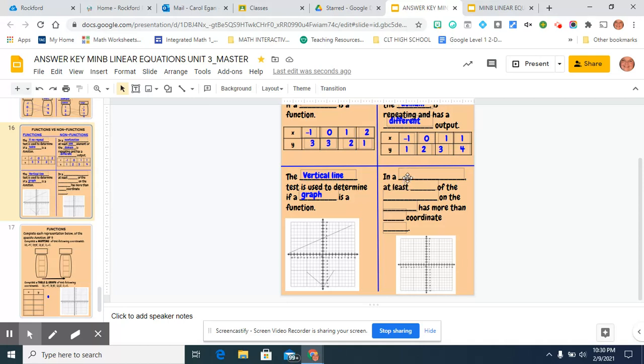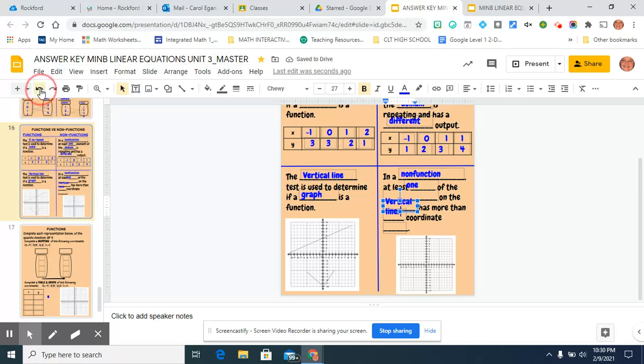Some examples of non-function. In a non-function, at least one of the vertical lines on the graph has more than one coordinate point.